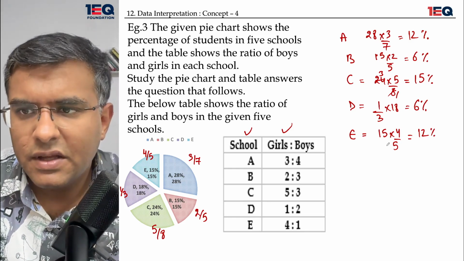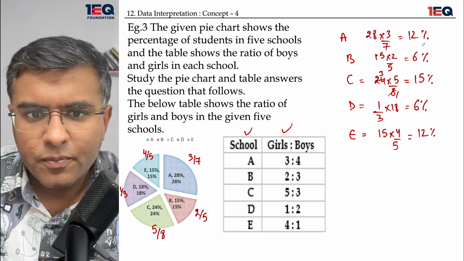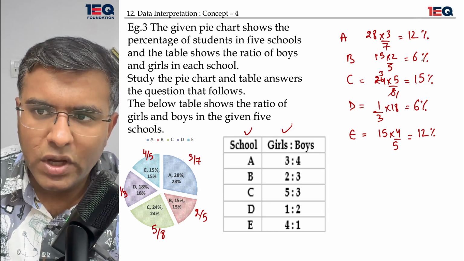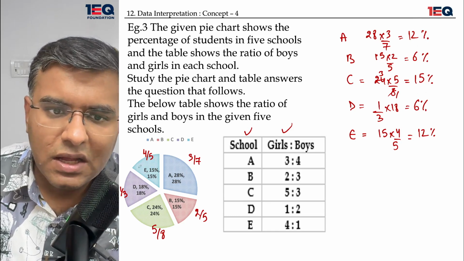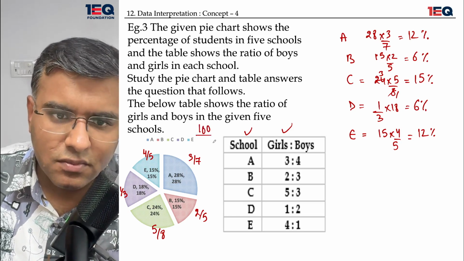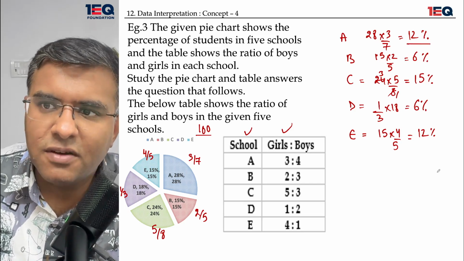I have everything available with me now. This is the number which I have gotten. I am assuming that there are a total of 100 students in the batch everywhere. And these are the number of girls which have come out of it.